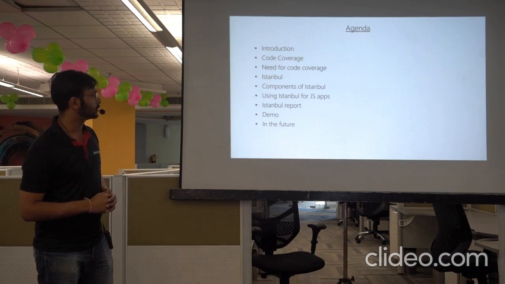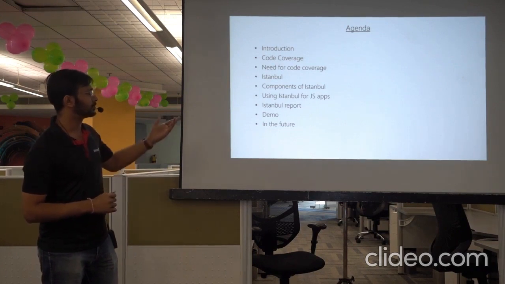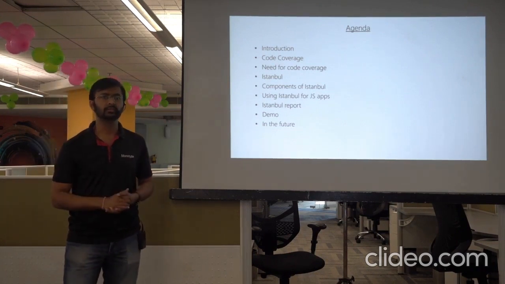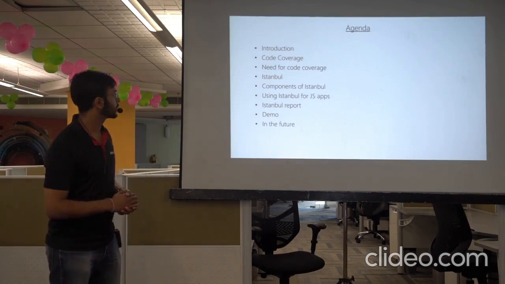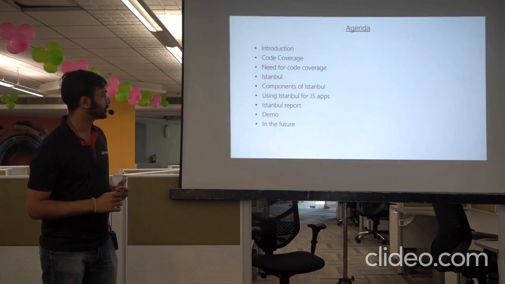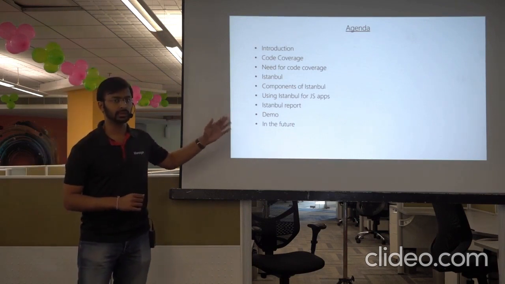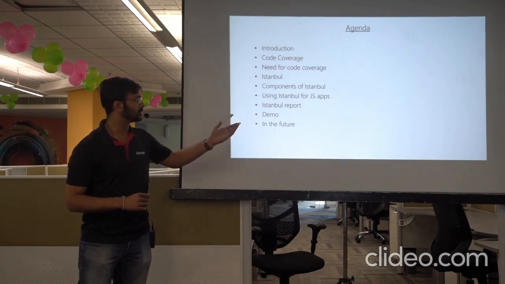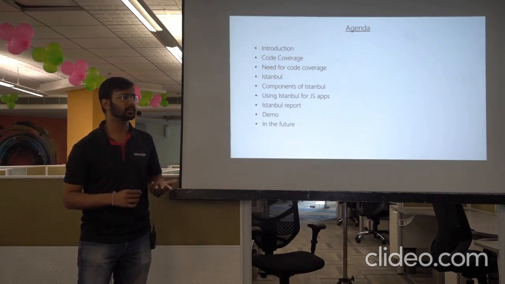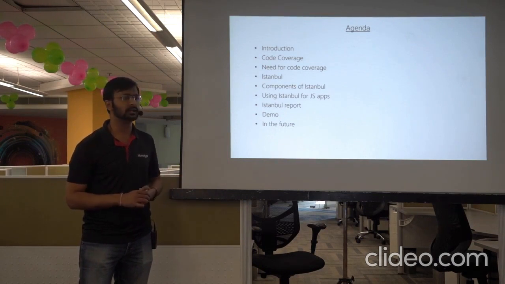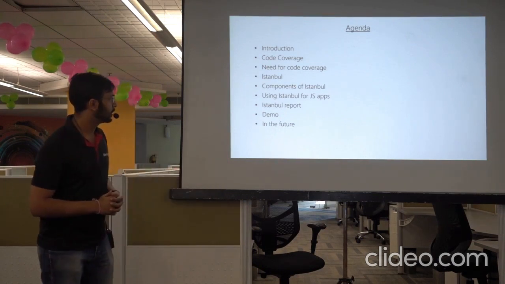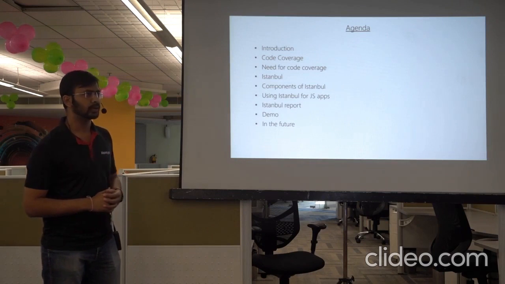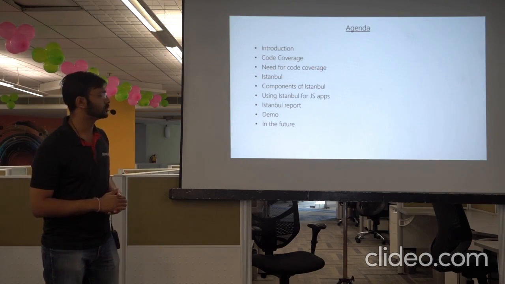Then components of Istanbul, and the components will be the same for every instrumentation tool used for code coverage. Then using Istanbul for JS apps. We are taking Istanbul for JS apps, but the process is the same for every kind of app. Maybe it can be a Python app or C++ or any app written in any language. The process remains the same. Then the Istanbul report, and similar reports are obtained for other kinds of tools as well.